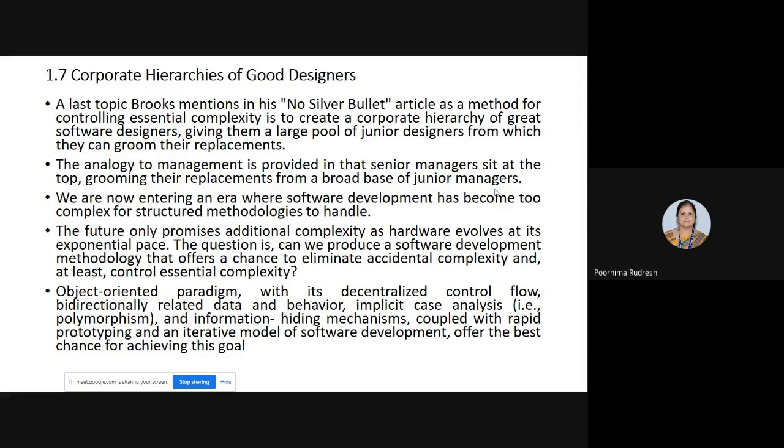So, whenever software developers are developing the product, they have to think not only about what type of language they are using, but also about the existing hardware, because that is also required.